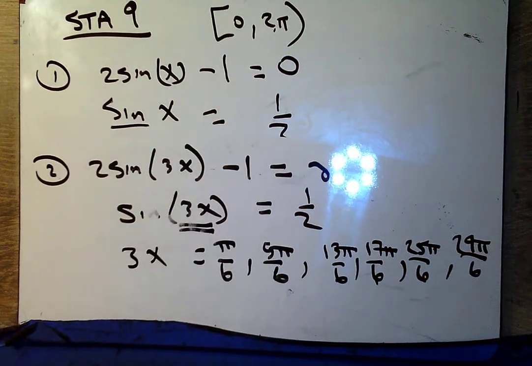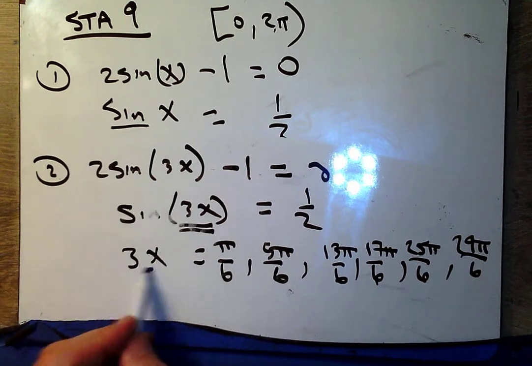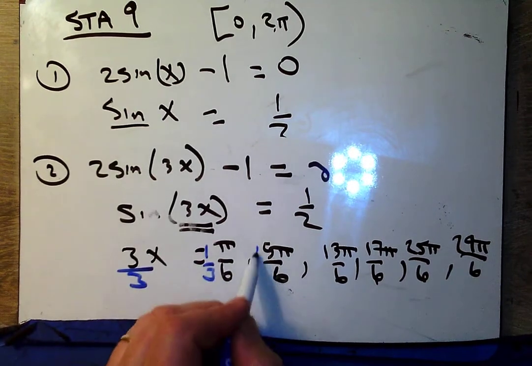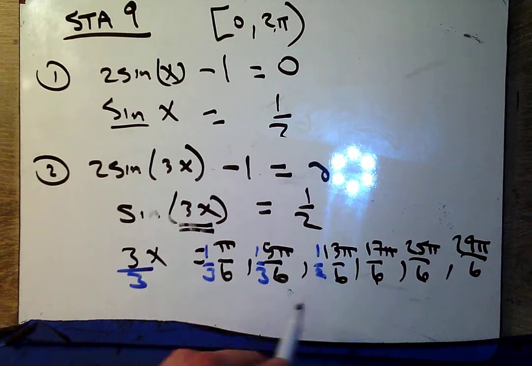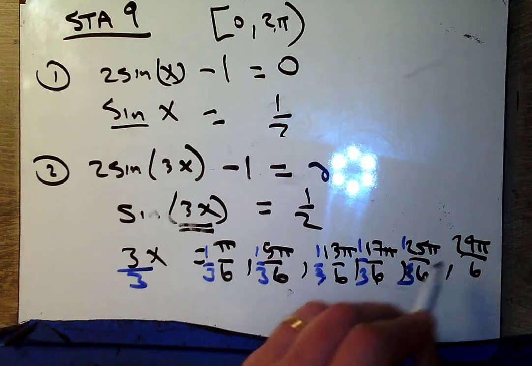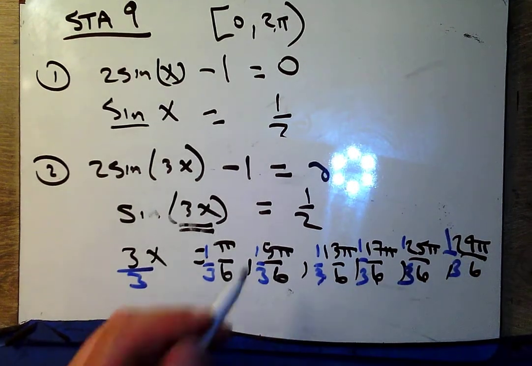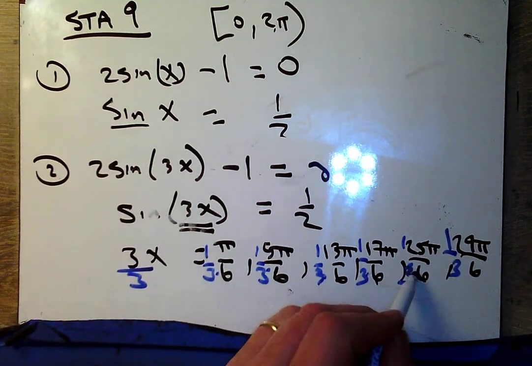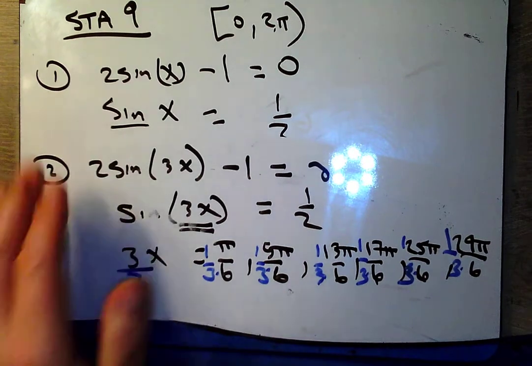But don't worry, because we still have to divide everywhere by 3, which means multiplying by 1 over 3. And so what are my answers going to be?